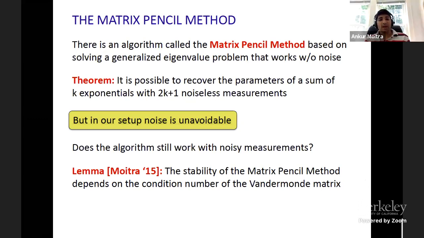So that's the key point: the measurements we're observing look like a van der Monde matrix times a vector, and there is an algorithm to invert and solve for that mixture of exponentials that works if and only if the van der Monde matrix isn't too close to being singular.